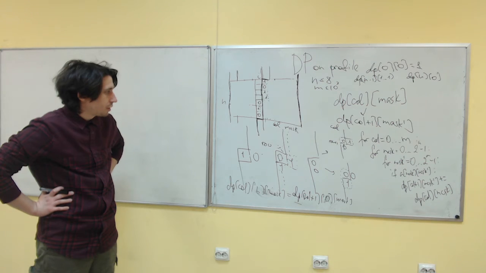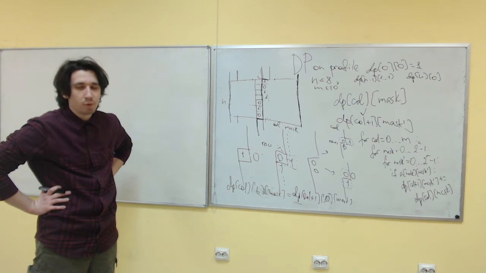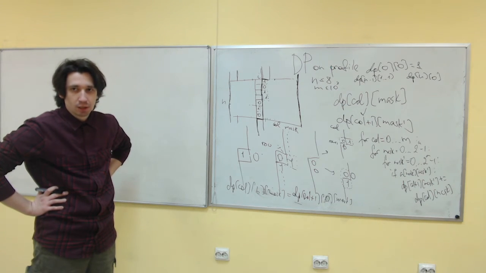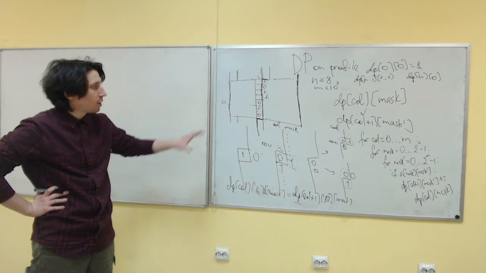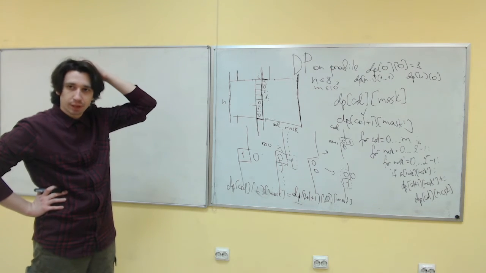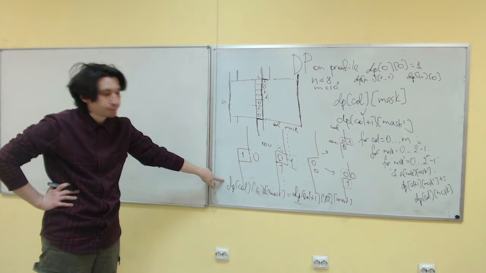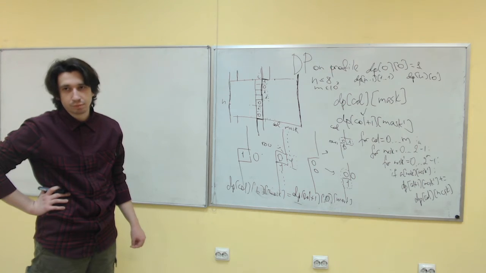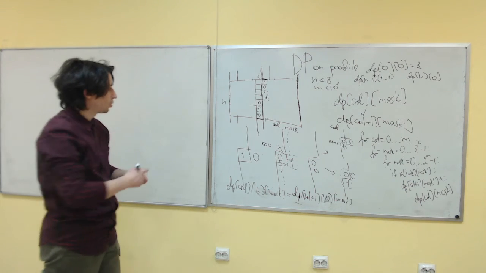Could you tell me the complexity of this algorithm? I will not write the pseudocode, I don't want to. But what is the complexity of this? How many states? Let's start with visited states. It will be all rows multiplied by all the columns and all masks.